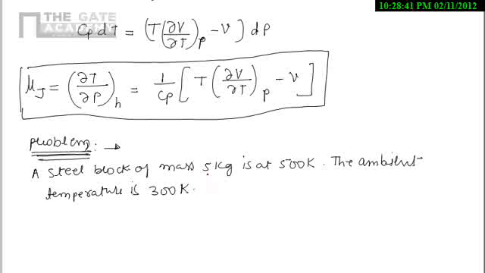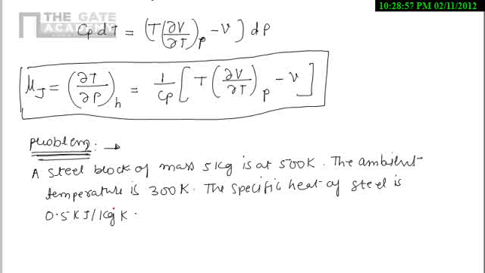The specific heat of steel is 0.5 kilojoule per kg Kelvin. Calculate the available energy of the block.